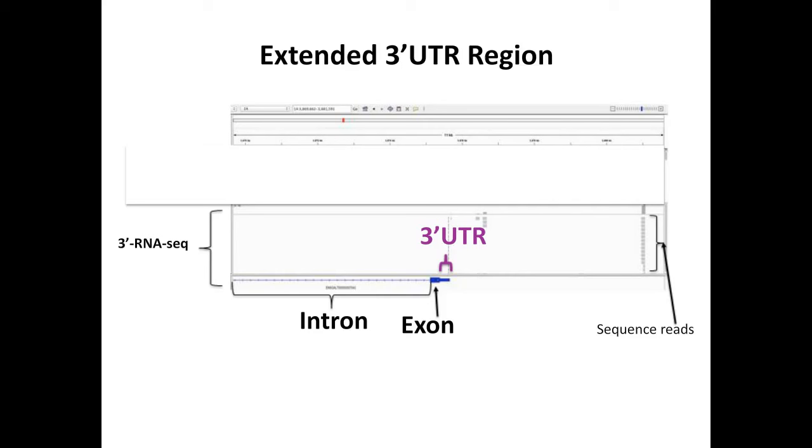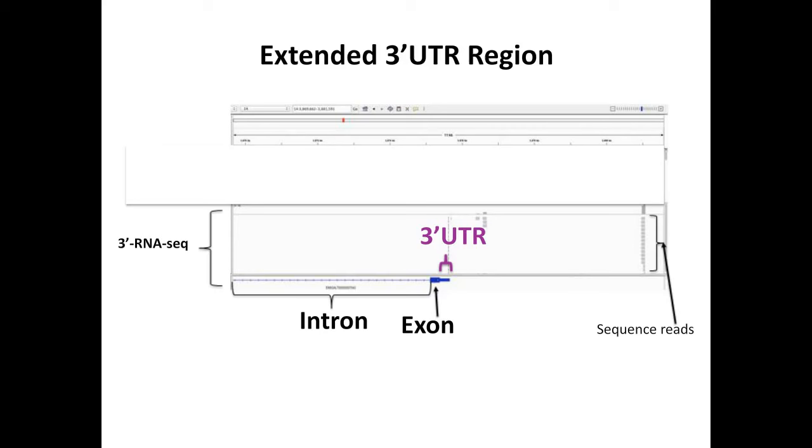So this is the gene model in the current gene annotation file, showing that the gene model ends at this point here. But when we mapped our 3' RNA-seq data, this track shows the 3' RNA-seq data, these are our sequence reads from 3' RNA-seq, almost all of them map to this region.